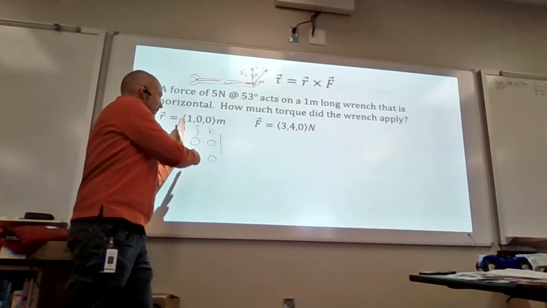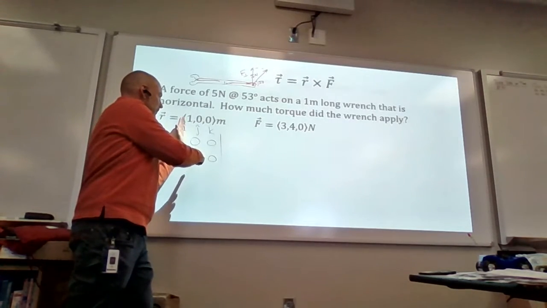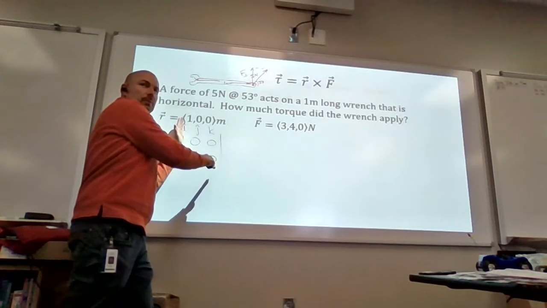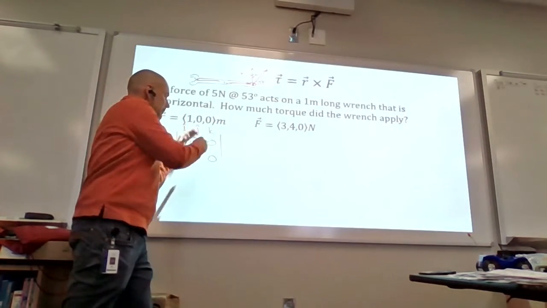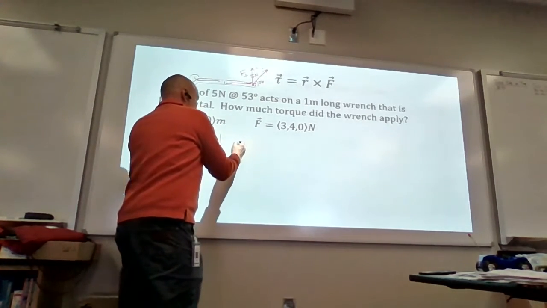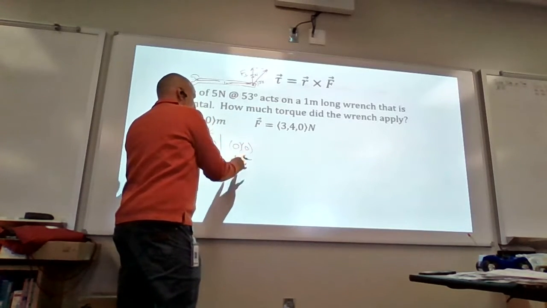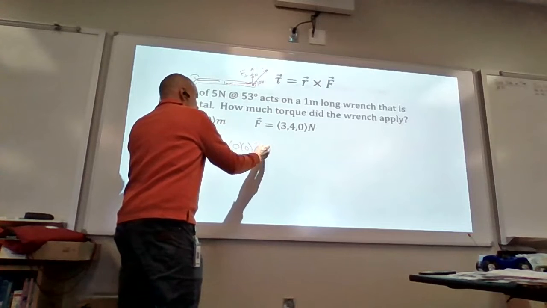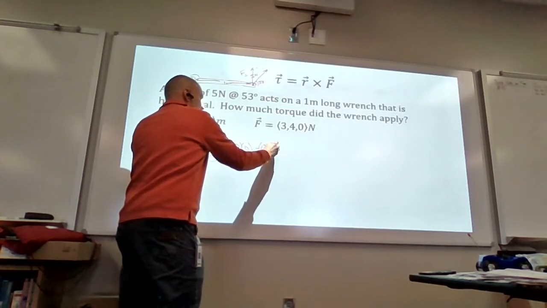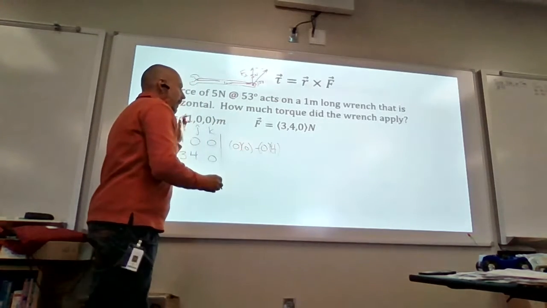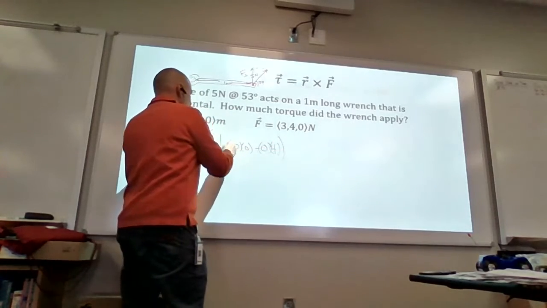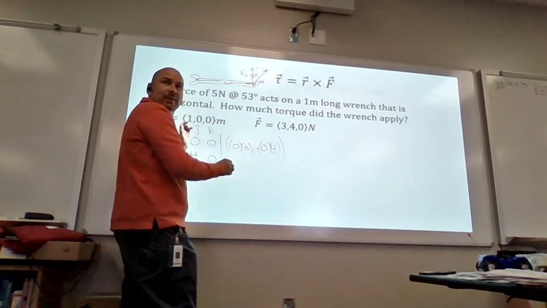Start with this, and then you go 0 minus. So you go 0 times 0. I'm just trying to be explicit here. Minus 0 times 4. Okay, and that's going to be your I quantity.